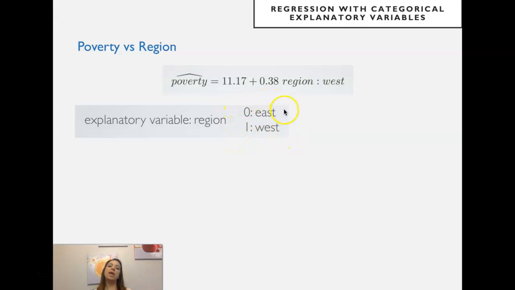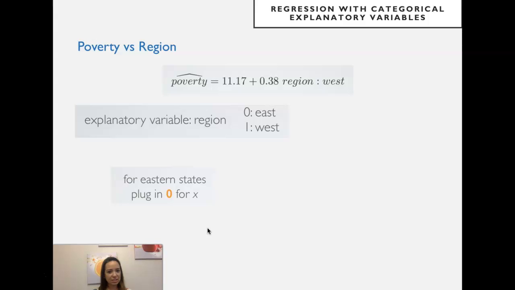So when we're trying to predict poverty for the east region, this term will go to 0 and will disappear, and the intercept becomes the prediction of poverty for the east region. When we want to predict poverty for the west, we would keep this on and add 0.38 to 11.17 in order to predict poverty.